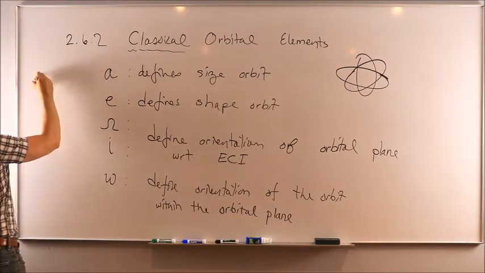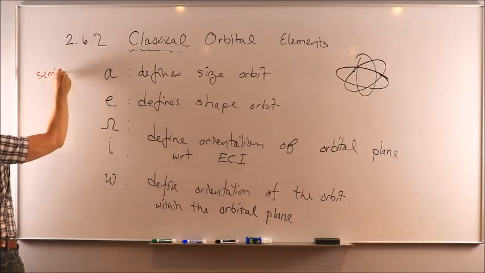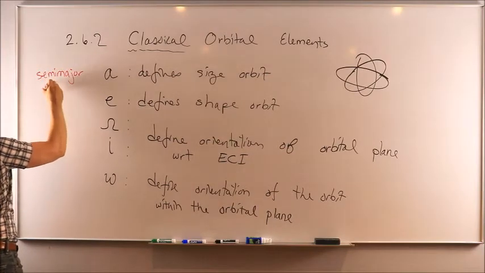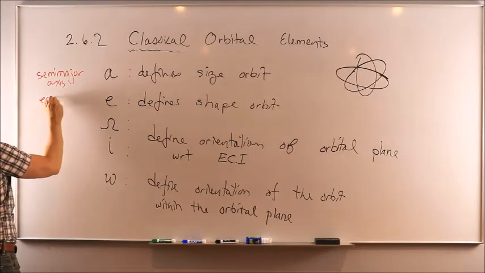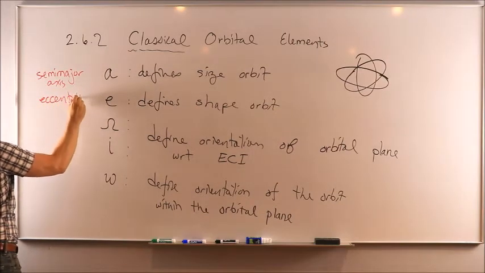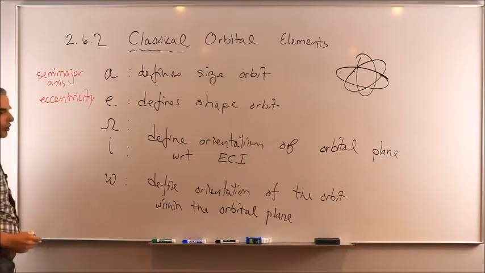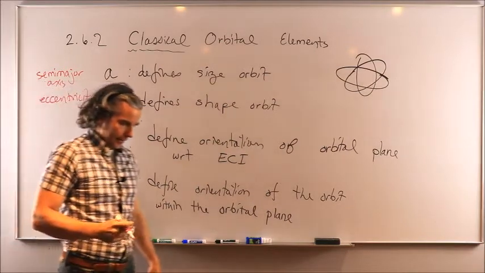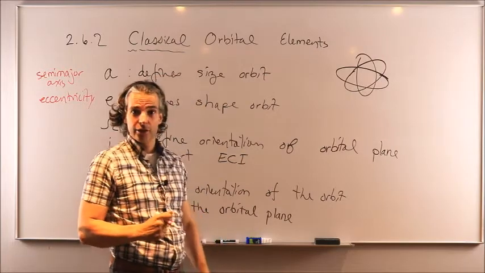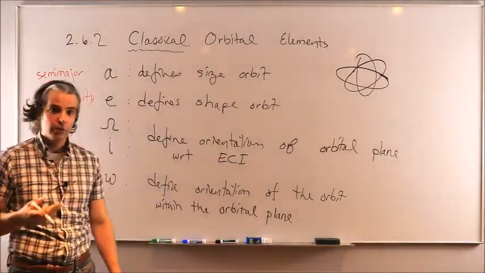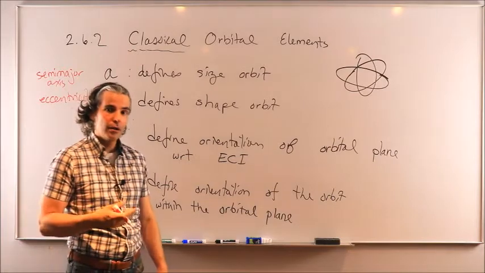A, no big news, semi-major axis. E is our eccentricity, which define the conic section, essentially. So is it a circle, an ellipse, a parabola, a hyperbola?